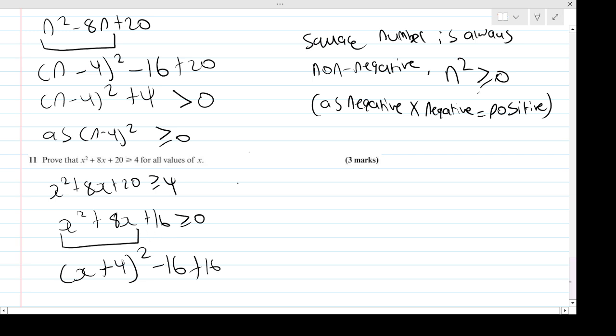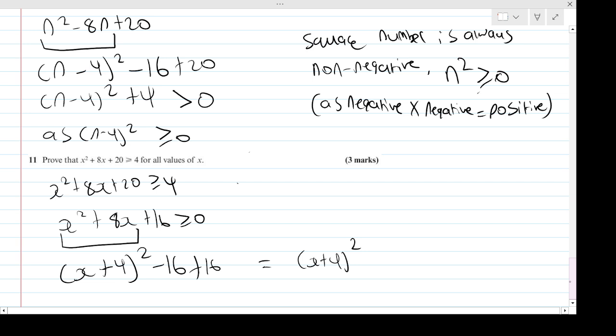So this becomes x plus 4 squared, and minus 16 add 16 is 0.